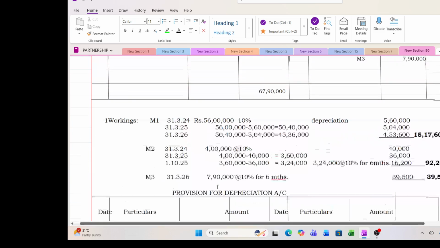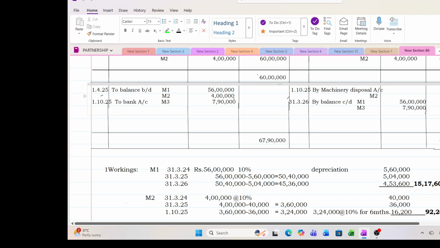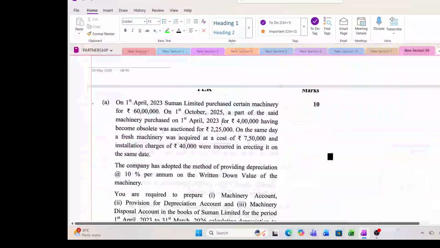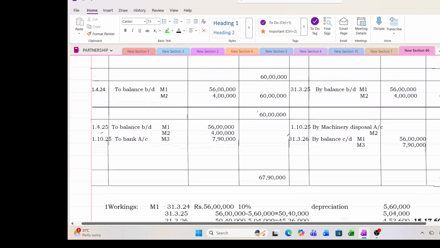Okay. Now coming to this machinery account, on 1/4/25, the balance was the same, 60 lakh. And now on the date of auction, they purchased one more machinery on 1/10/25. Let us name it M3. That is for 7,90,000. It was purchased for 7,50,000, and there are some installation charges of 40,000. This has to be capitalized to machinery, so it is 7,90,000.